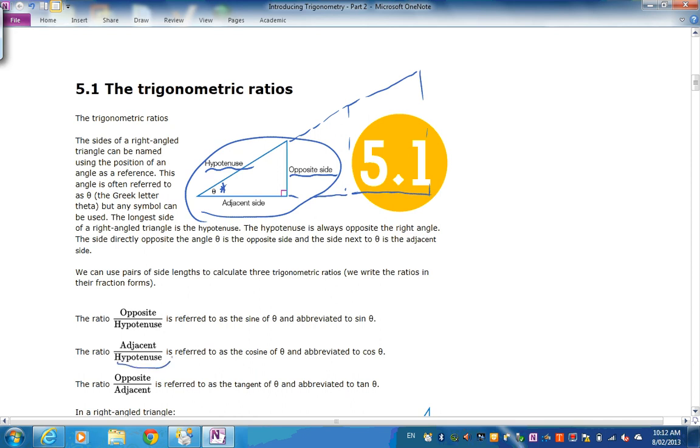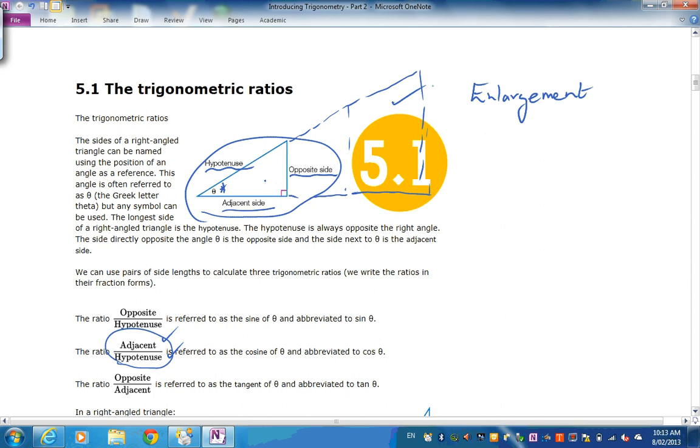What about the adjacent over the hypotenuse? Will that stay in a constant ratio? Well, wow, it will. Because of the process of enlargement, all the sides of that triangle have been stretched or enlarged the same amount. So the adjacent will grow, but the hypotenuse will grow in the same ratio. And therefore, that adjacent over hypotenuse in the very little one will be the same as in the big one.